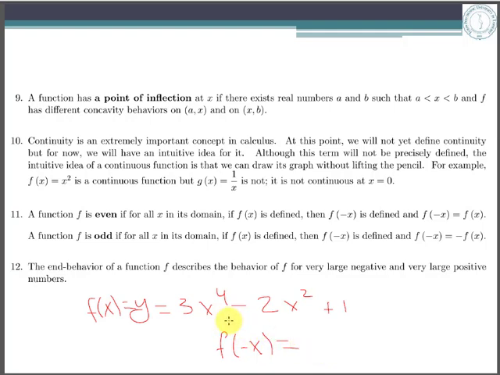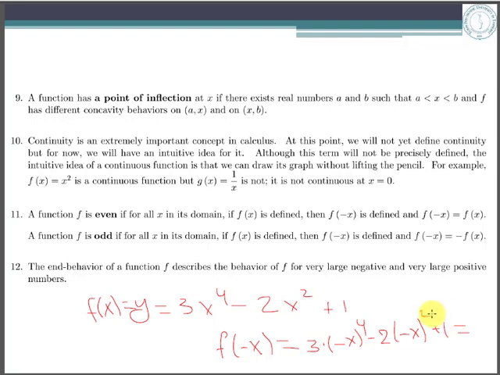So this is 3 times (-x) to the power of 4, minus 2 times (-x) to the power of 2, plus 1. If we continue, we have 3x^4, because (-x)^4 is an even power, minus 2x^2, plus 1.